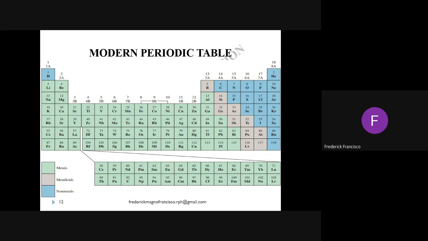In the modern periodic table, elements are arranged by atomic number in horizontal rows called periods, and in vertical columns known as groups or families, according to similarities in their chemical properties.